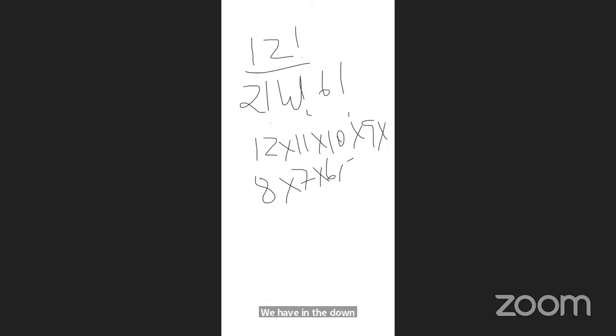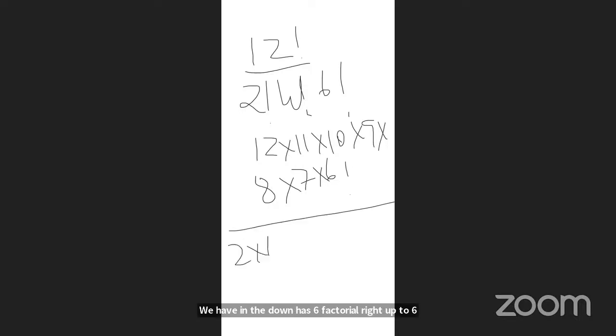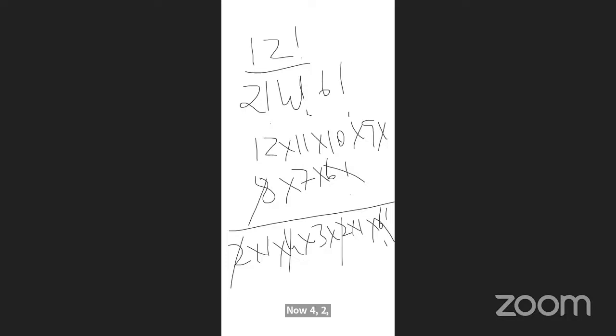Up to 6 factorial divided by 2 into 1 into 4 into 3 into 2 into 1 into 6 factorial. This 6 factorial and the 6 factorial get cancelled. Now 4 twos are 8, get cancelled. 2 fives are 10, 3 threes are 9. So now we have 12 into 11 into 5 into 3 into 7.